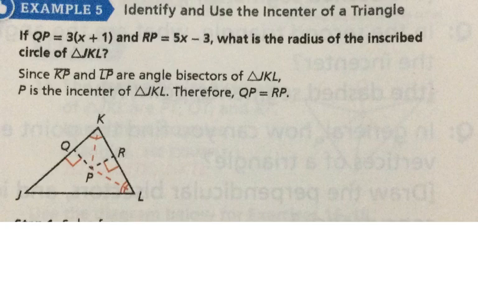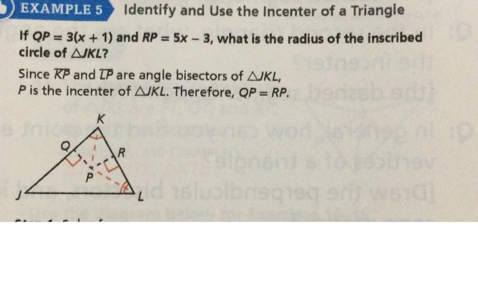So what did we learn? We learned just a second ago, because this line KP and this line LP are angle bisectors, they are cutting this angle into 2 equal pieces. Angle bisectors of a triangle meet at a point that is equidistant from all the sides. So that means the distance from P to Q is the same as the distance from P to R. They have the exact same value.